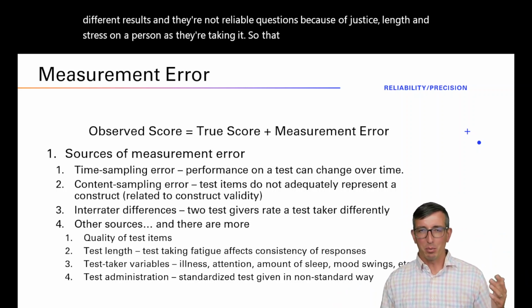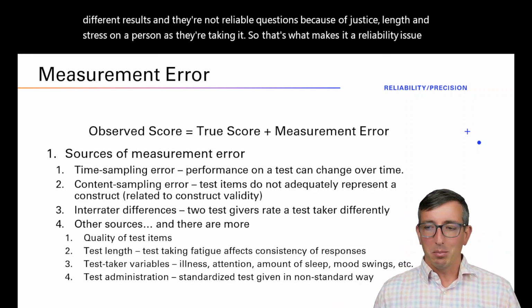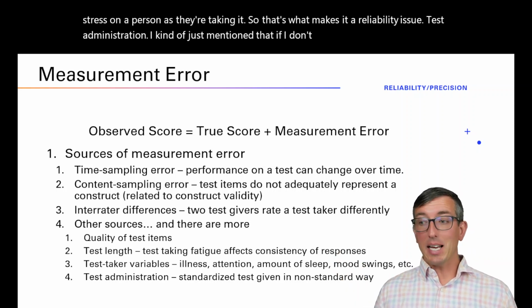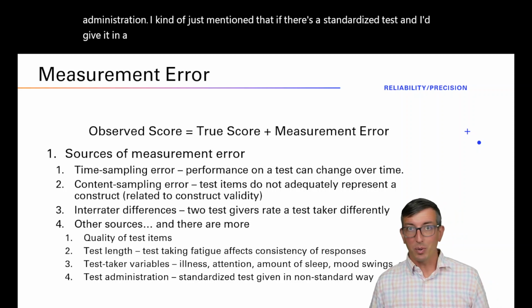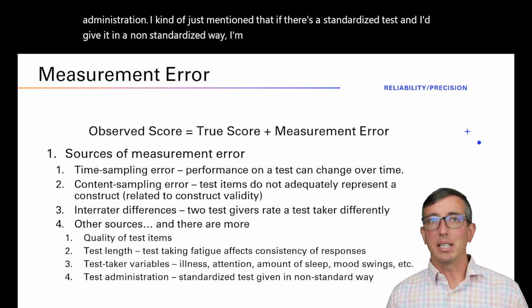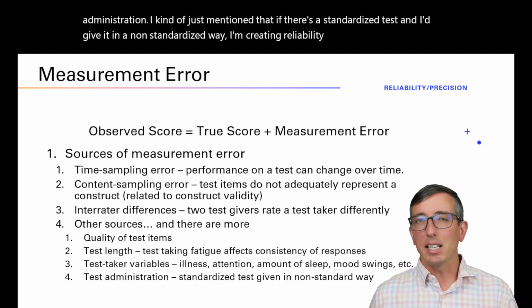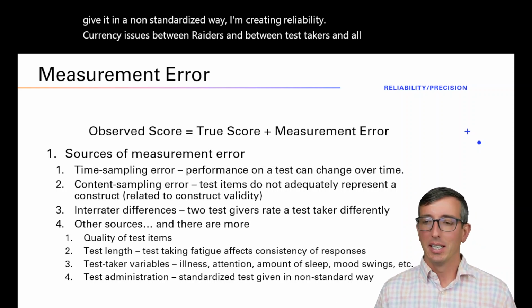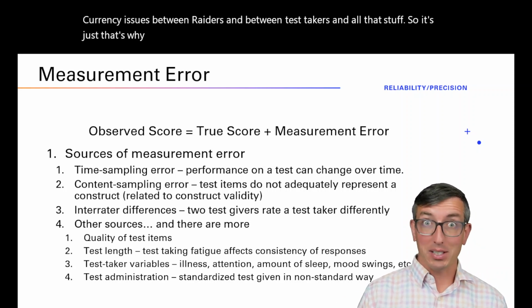So that's what makes it a reliability issue. Test administration, I kind of just mentioned that if there's a standardized test and I give it in a non-standardized way, I'm creating reliability consistency issues between raters and between test takers and all that stuff. So that's why we have a standardized process.